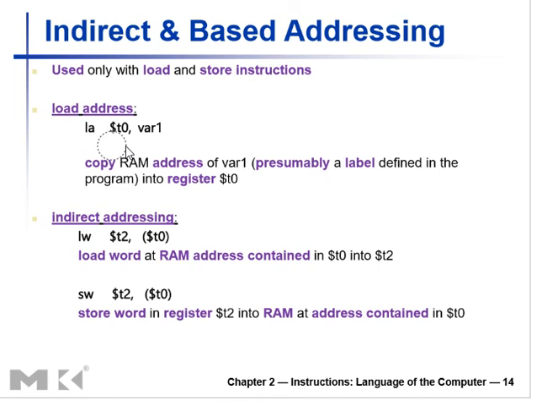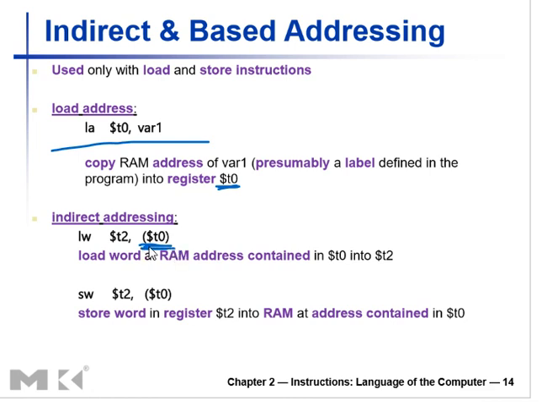Let's look into the load address. So in load address, you load the address of a memory location onto a register T0. So register T0 contains the address. So that register T0, you are giving it in the load word, put it in the bracket. What is the meaning of this bracket?